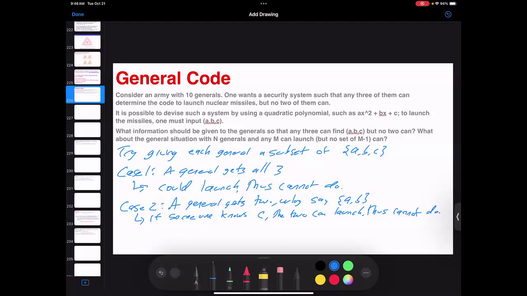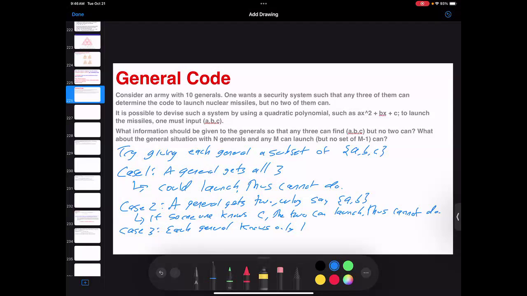Each general knows 1. Case 3. Each general knows only 1. Why is that bad? Yeah. You have to guarantee that the 3 generals you picked had the 3 different things.